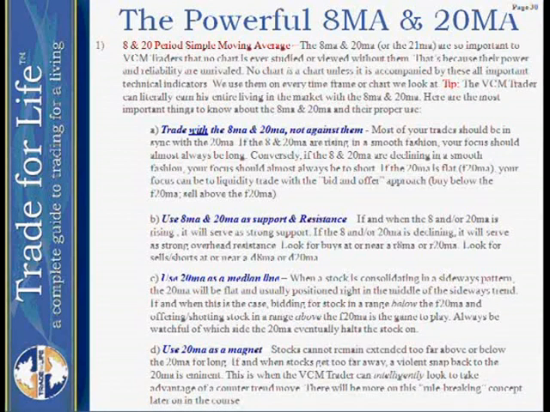Which move gets halted? Is it the attempt to go back above the 20, that the 20 stops it? Or is it the move down when the stock tries to get back below the 20 and the 20 says, wait a minute? So when the 20 stops the decline, it wakes up as a bull.